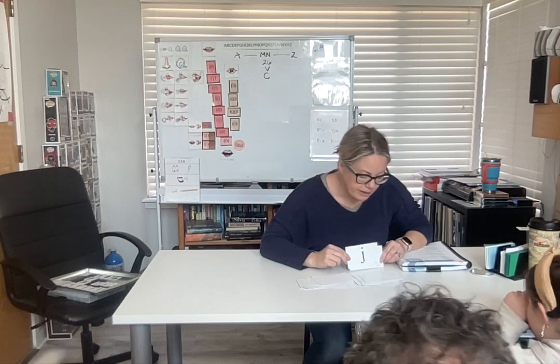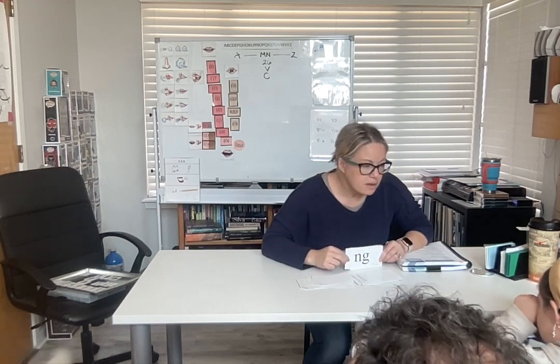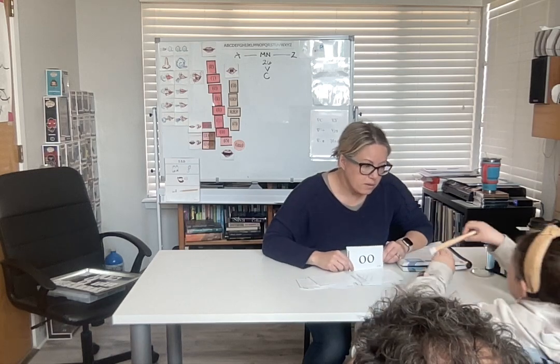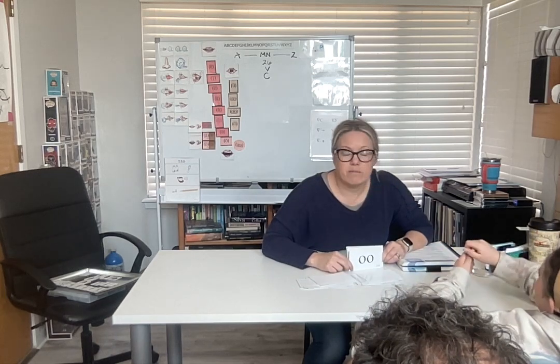Okay, I want you to look at me, focus, and say them clearly. Go. J, N. G, digraph. Vowel team. I know you call them vowel teams in school, but digraph, OO, Y, consonant Y. Digraph.